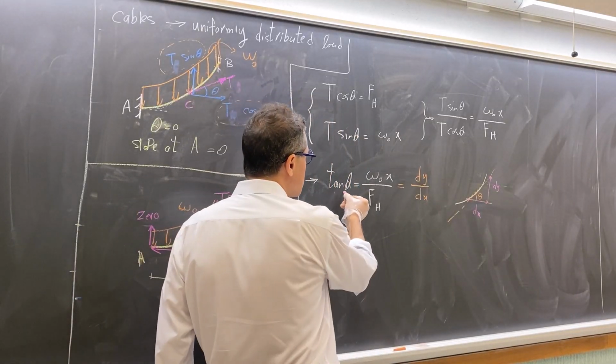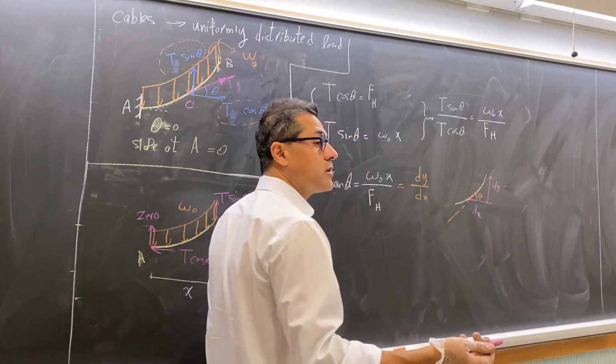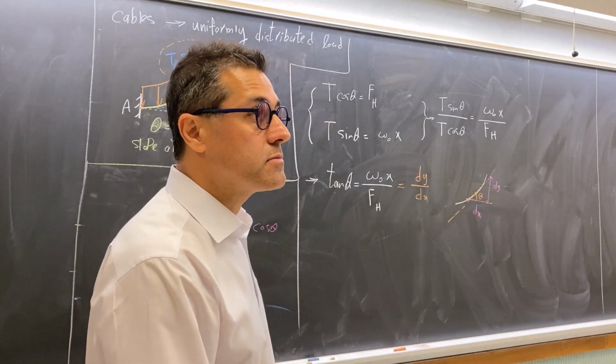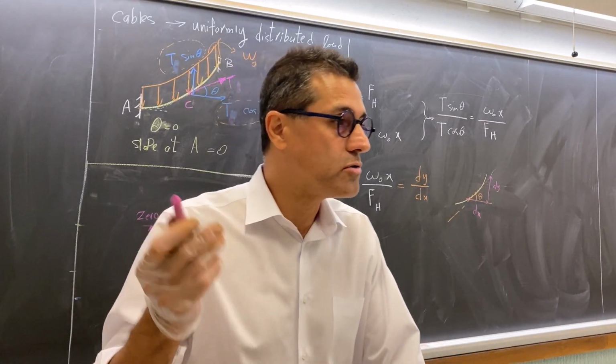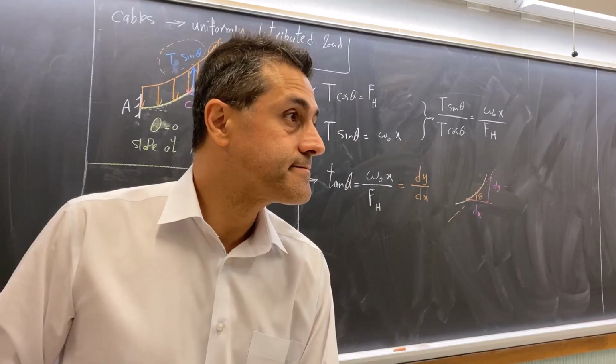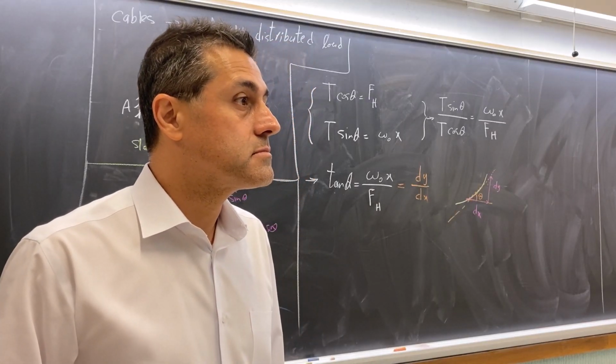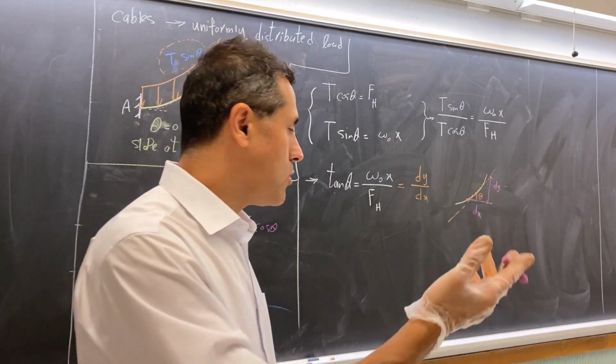So you know tangent of theta is differential y over differential x. Do you agree with that? This is the definition of differential in calculus 1 or 2, I don't know. Yes or no?